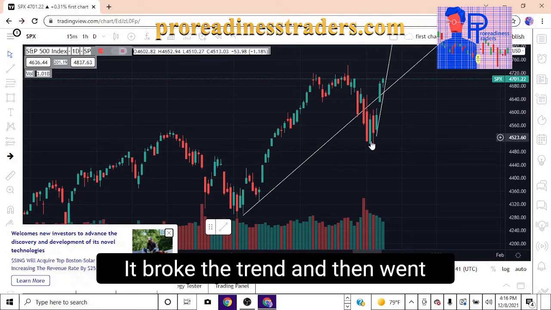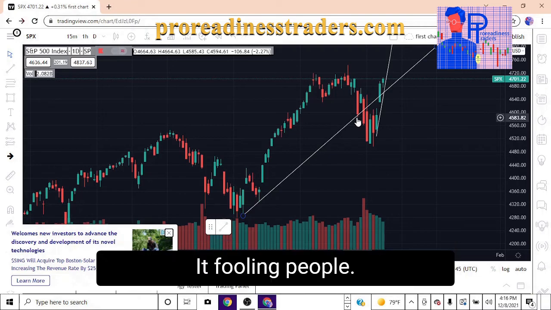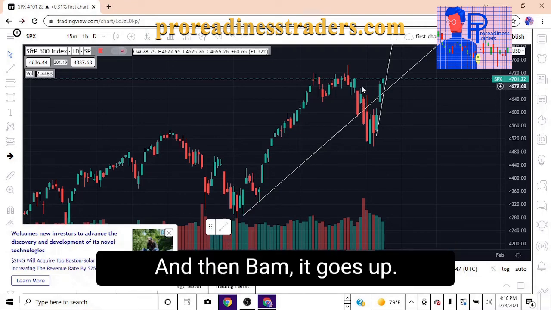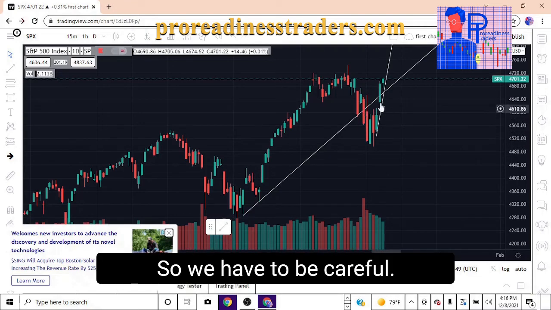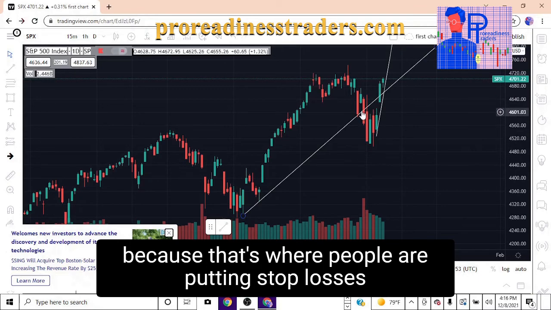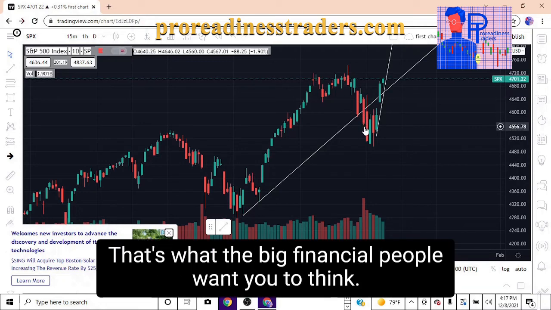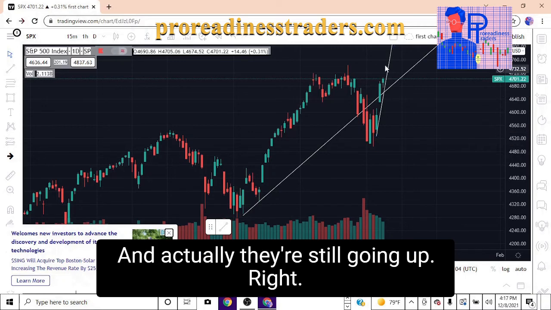It broke the trend and then went down and continued to go up. That's a knee-jerk where it just pierced it, fooling people, and then bam, it goes up. So we have to be careful of this knee-jerk effect when the market goes down, because that's where people are putting stop losses at. That's thinking like the sheep. People thinking the market is going down. That's what the big financial people want you to think, and actually they're still going up, right?